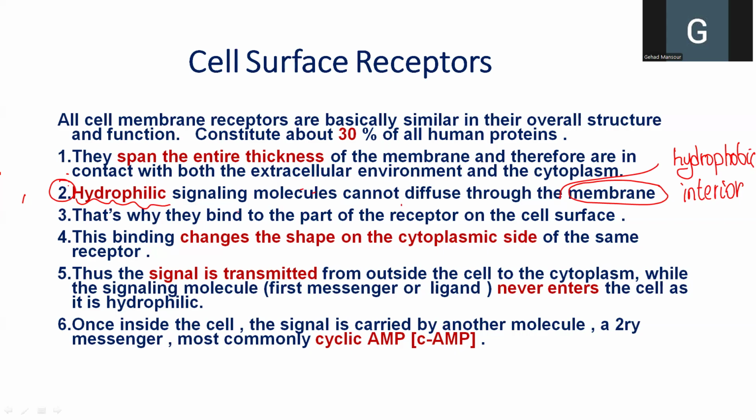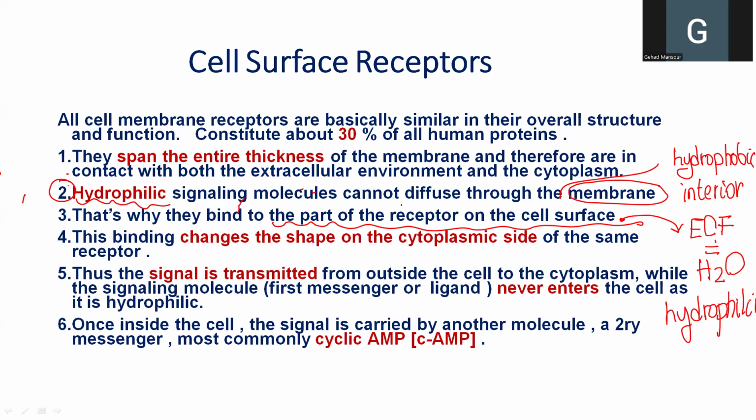But to which part of the receptor? To the part of the receptor that is on the cell surface. Notice that this part is in direct contact with the extracellular fluid, which is mainly made of water, and therefore the extracellular part of the receptor is hydrophilic and is suitable to match with the hydrophilic or polar signaling molecule.